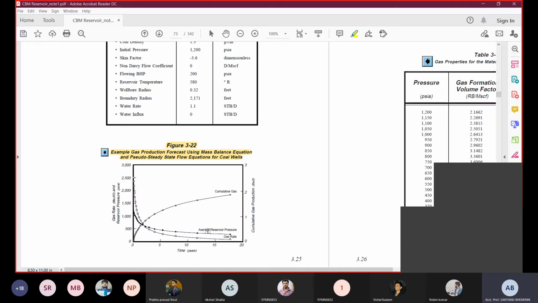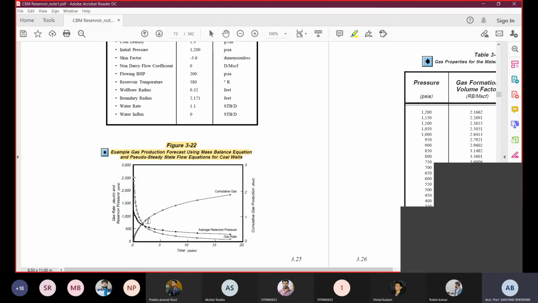Cumulative gas production means, with time, starting from zero, with years, what is the total gas production. Whereas this gas rate is going to give you the idea about per day production for every stage. Every stage means, suppose when you get 1000 kilopascal, what is the gas rate?